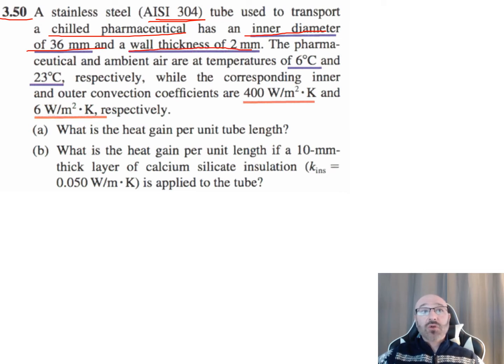The pharmaceutical and ambient air temperatures are given in the problem statement as 6 degrees Celsius and 23 degrees Celsius, respectively. The corresponding inner and outer convection coefficients, our h values, are 400 watts per meter squared Kelvin and 6 watts per meter squared Kelvin, respectively.